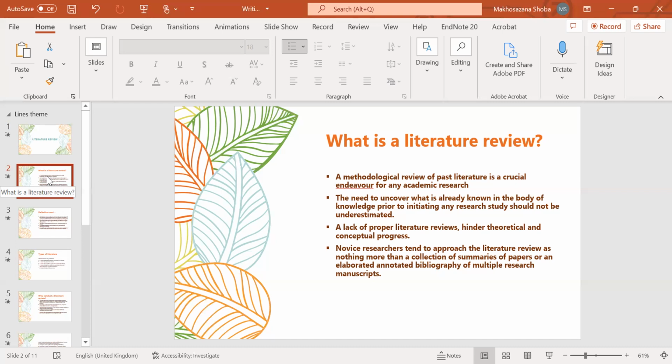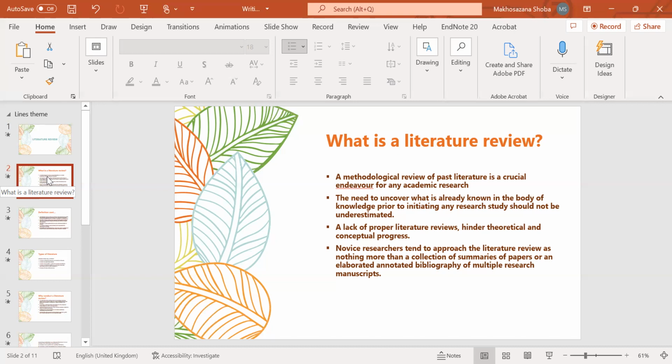Why is this important? It's important because a lack of proper literature review hinders theoretical and conceptual progress. So for you to theorize, for you to develop a conceptual framework, you need to firstly write a proper literature review. You need to know what is already known around your phenomenon before you engage in a particular journey of researching.